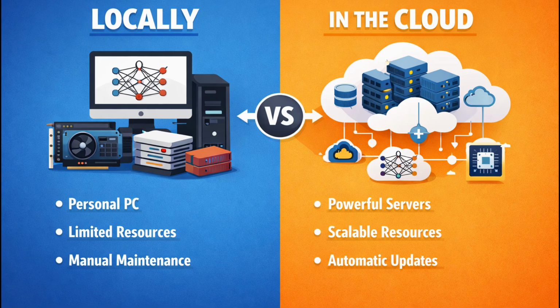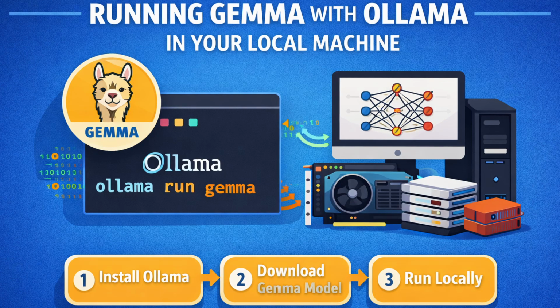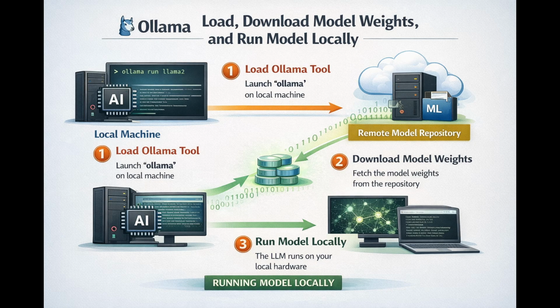Now, how does a model actually run on your machine? AI models like Gemma, Llama, and Mistral are files, big files, sure, but they are just files containing billions of numbers called weights. When you run the model, software loads those weights into your computer's memory and performs operations on them to generate a response, token by token.